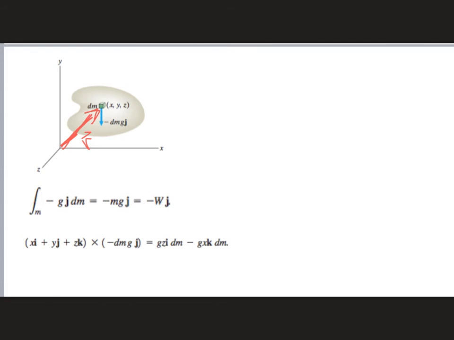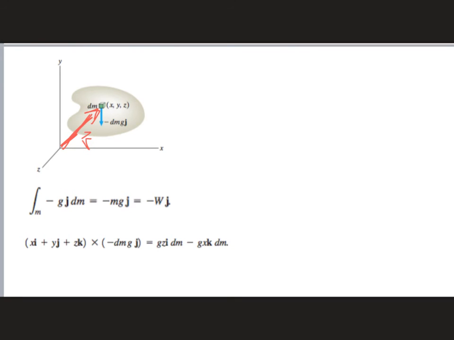And if I calculate the force acting on the mass, that's just going to be negative g times the little piece of mass dm. And of course it's in the negative j hat direction. The acceleration due to gravity, 9.81 meters per second squared, times dm. That's going to be the force acting on that little piece of mass.